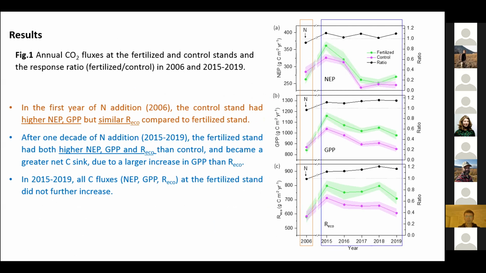After 1 decade of fertilization, the fertilized stand has higher NEP, GPP, and respiration than the control stand. If you look at the response ratio, you can see that all the carbon fluxes in 2015 to 19 didn't further increase, because the response ratio was relatively stable in these years.